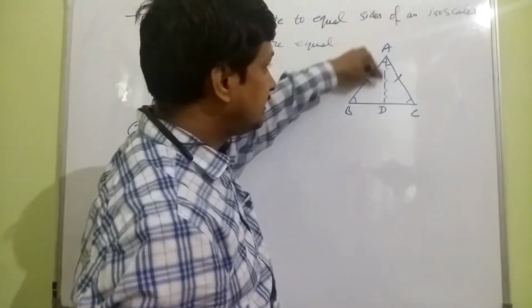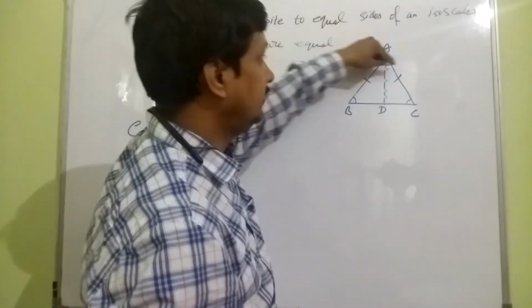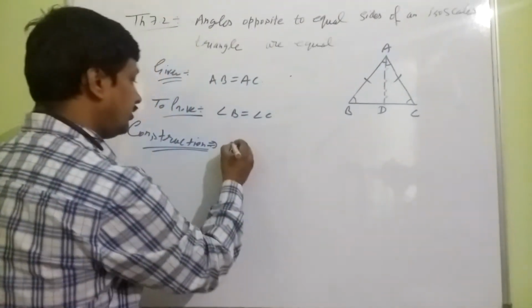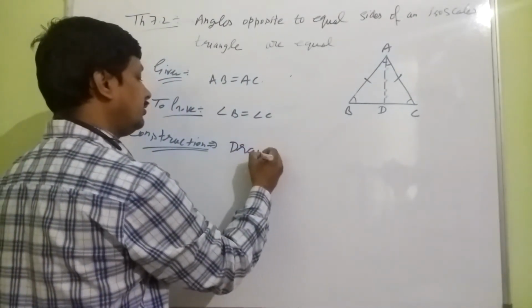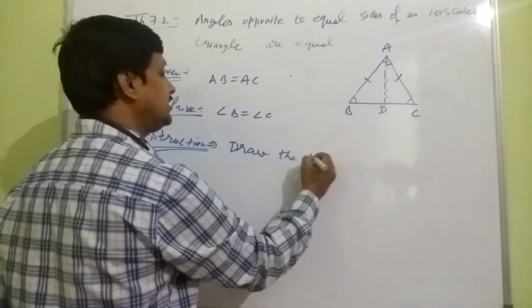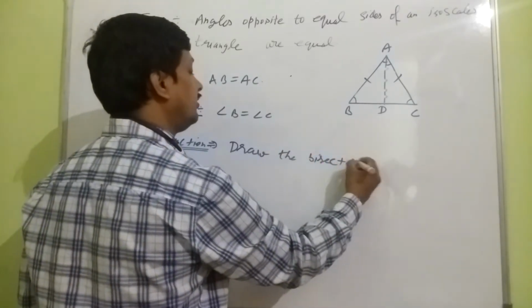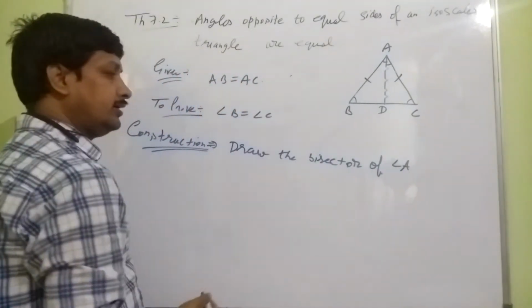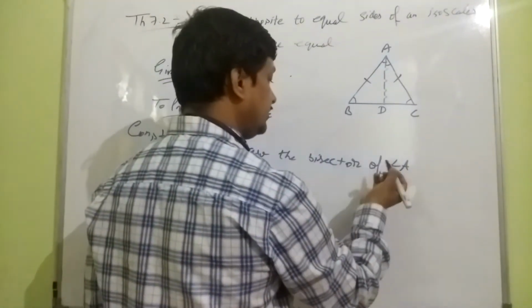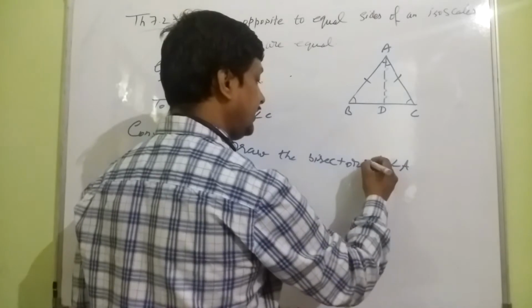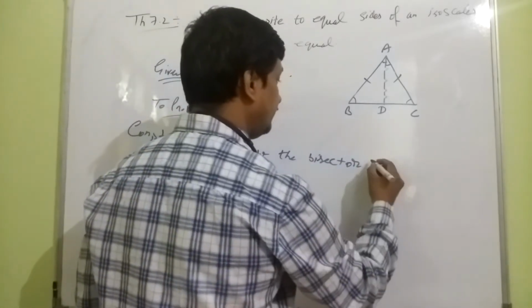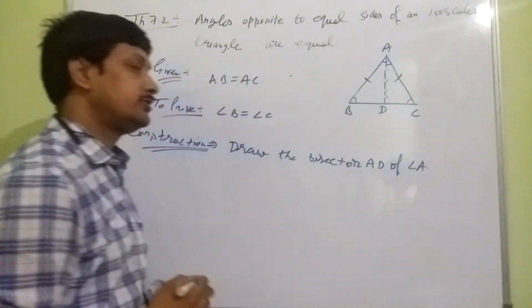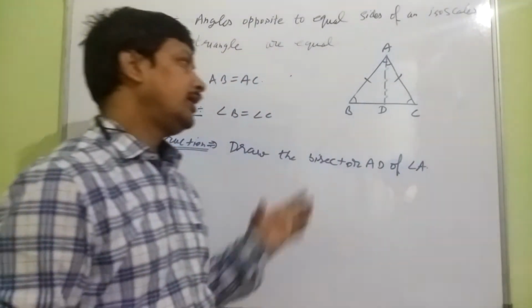A bisector is a line which bisects the whole angle, so this angle is equal to this angle. So draw the bisector AD of angle A.